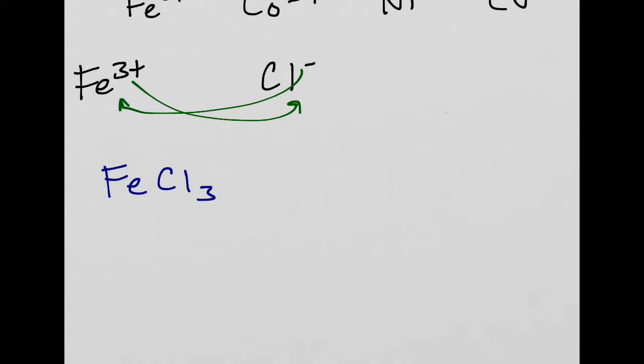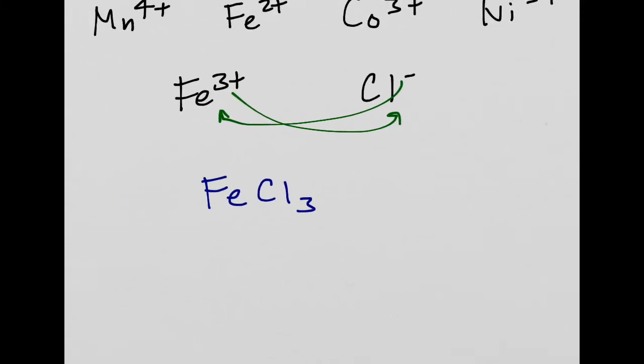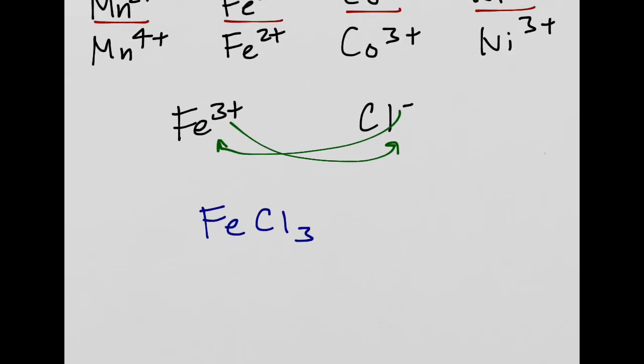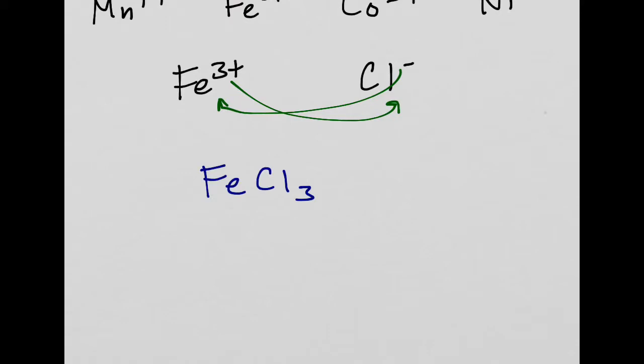However, naming this now becomes a little different, since there are two different versions that you could have here. Let's say instead of the 3+ charge on the Fe, I decided to combine the 2+ version of the iron cation with chloride. Chloride's not going to change, it's always the same.